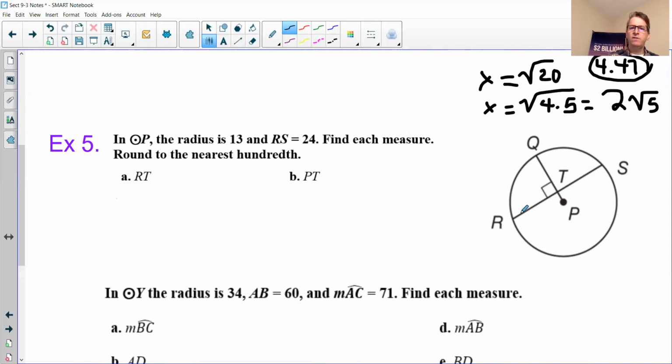And I'm just going to make a little line there. That's 13. And we're also told that RS is 24. So if RS is 24, and we have ourselves a 90-degree angle here, this is perpendicular here. So that means if that's 24 going all the way across, this is 12.